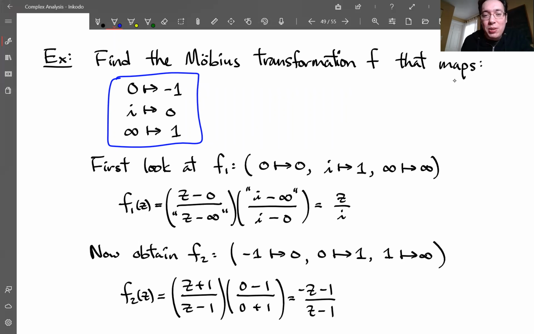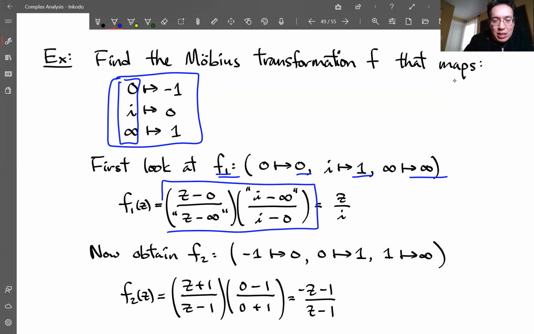So let's say I want to find a Mobius transformation that does that. Okay, so what we could do is we can find the Mobius transformation that maps the first 3 numbers to 0, 1, infinity, and we could do that by the formula that we derived last time.